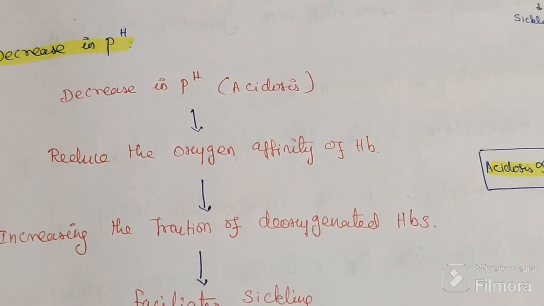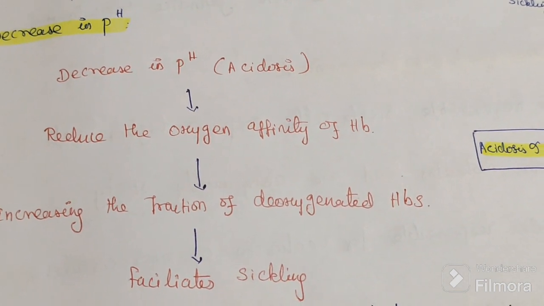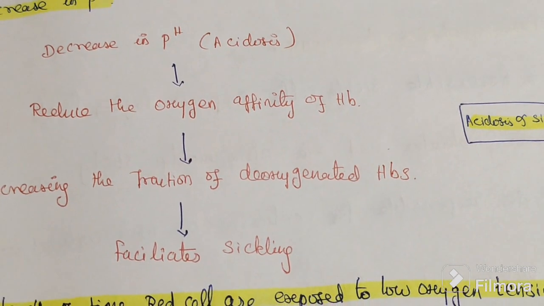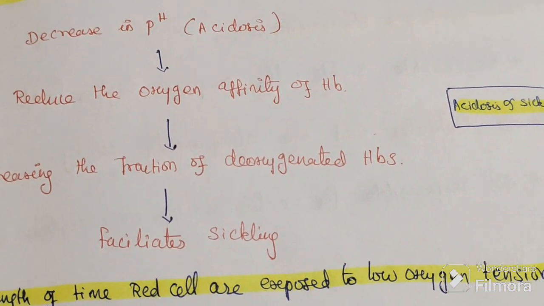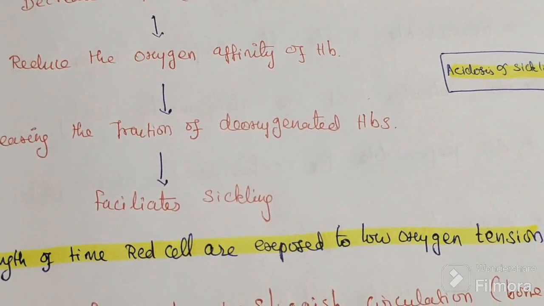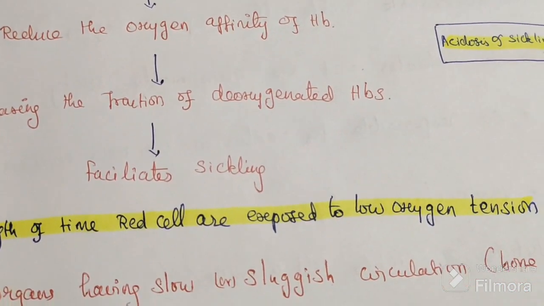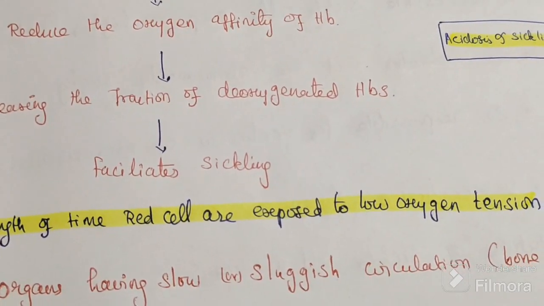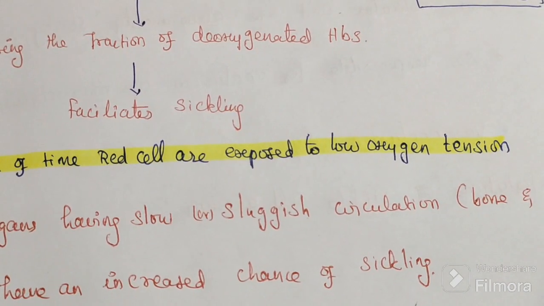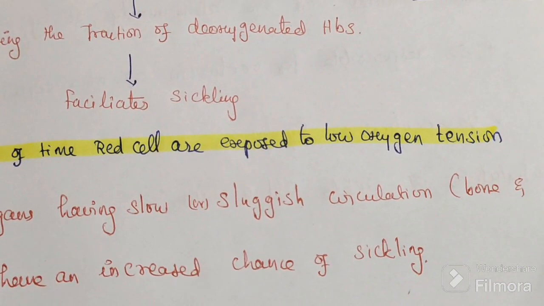Whenever Hb has reduced affinity for oxygen, it leads to a deoxygenated state of hemoglobin. Whenever the hemoglobin is deoxygenated, it will facilitate sickling. So basically acidosis is directly proportional to sickling. The more the acidosis, the lower the pH, the more the sickling.